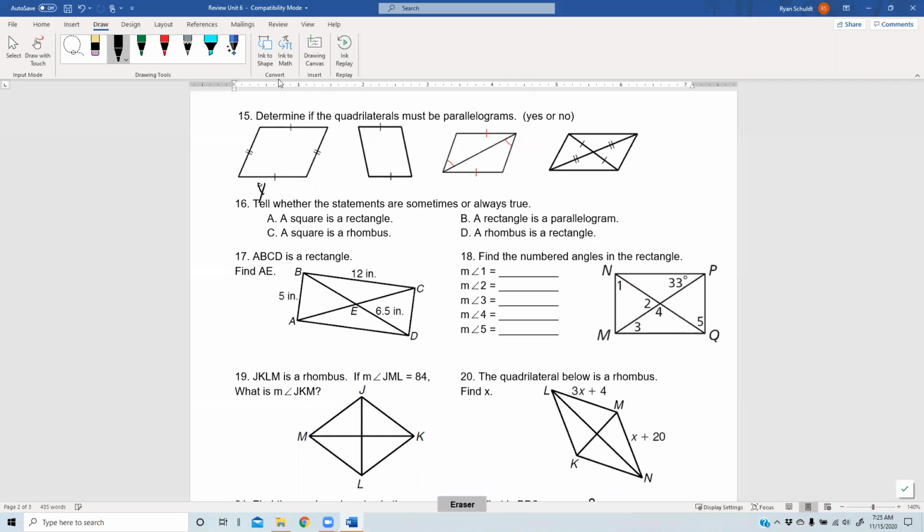Yes, this is a property. So yes, this is a parallelogram. The next one, they just tell me one pair of congruent sides. That's it. So no, this does not have to be a parallelogram.